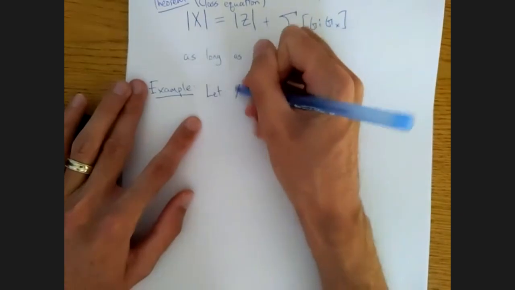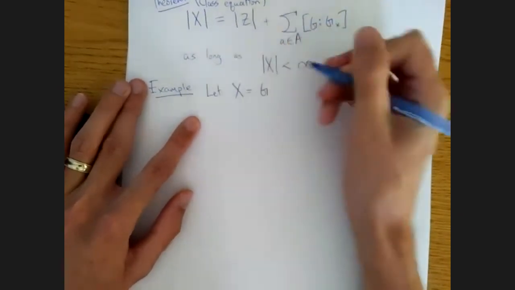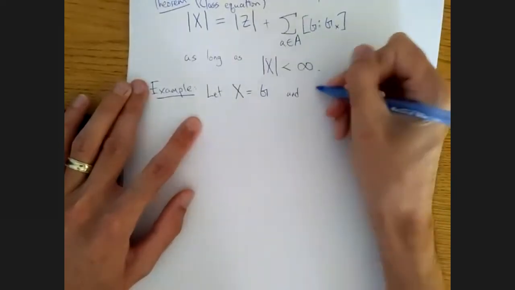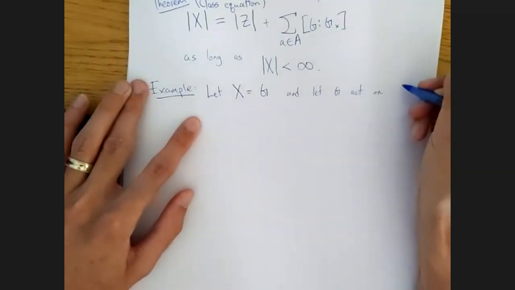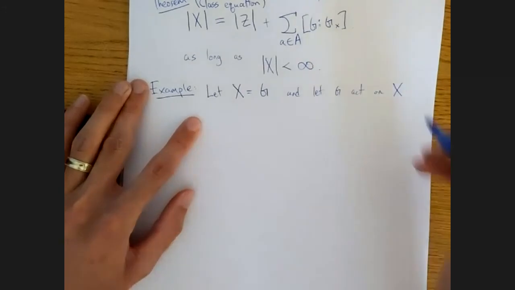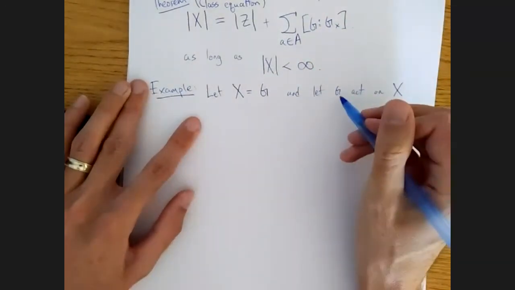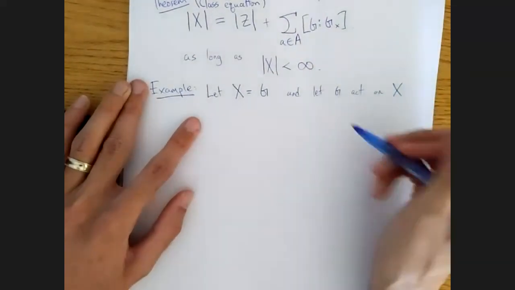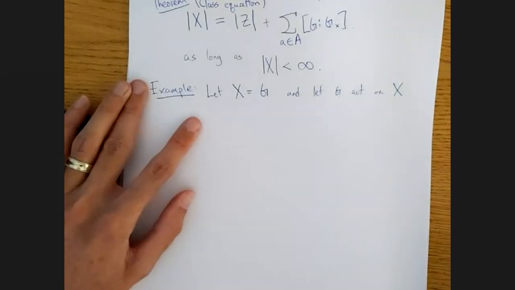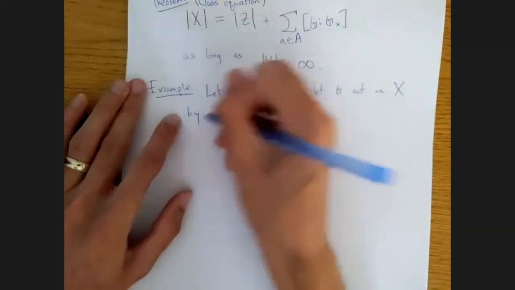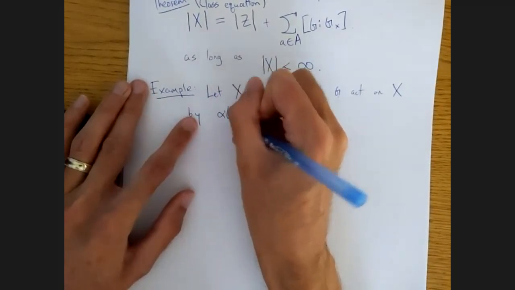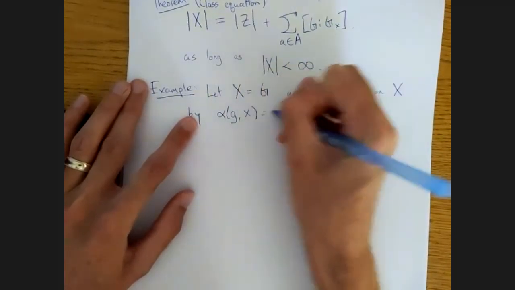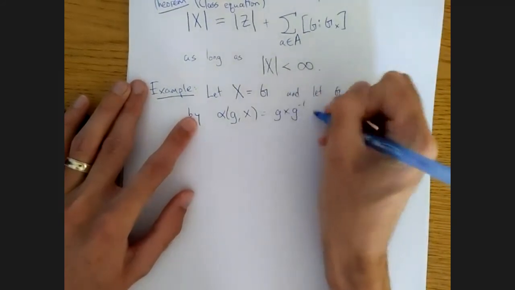Let X just be the same as G, and let G act on X. So remember, X and G are the same thing, but G is going to act on itself as a group action. And how does it act? By the rule that alpha_g(x) is just gxg inverse.